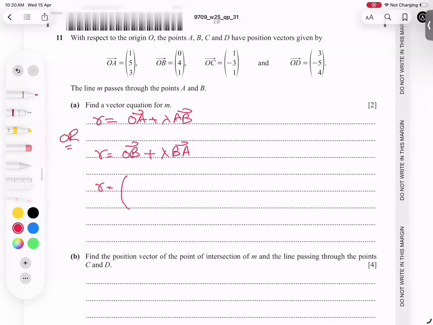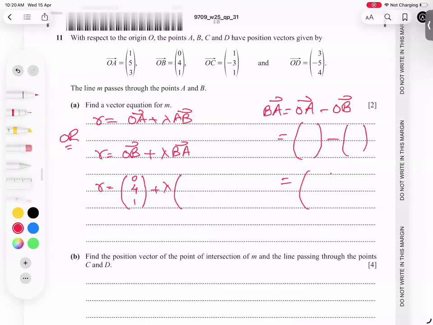Where OB is (0, 4, 1). And what is BA? If I find the BA value separately, it is OA minus OB. Sorry, the minus sign. So OA minus OB is my answer.